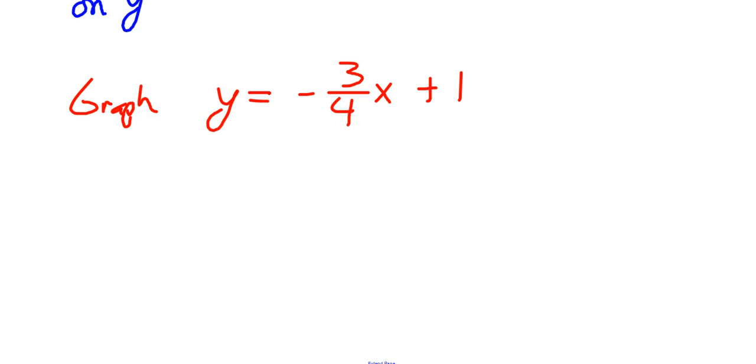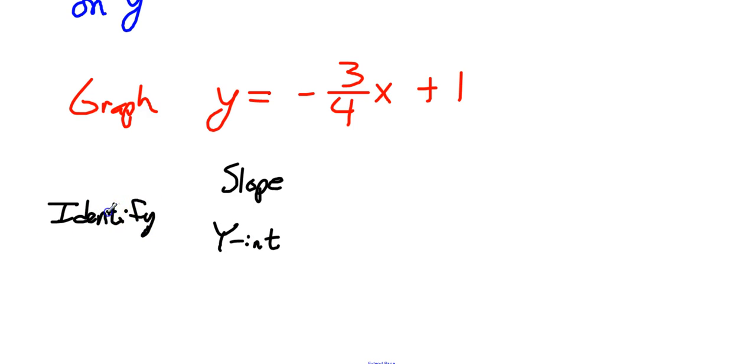For these, some of the questions will actually ask you what is the slope and what's the y-intercept. Some questions they'll ask for this, some they won't, but we'll go ahead and get these out of the way. For the slope, that's the number in front of x, so that's negative 3/4. The y-intercept, that's a positive 1.